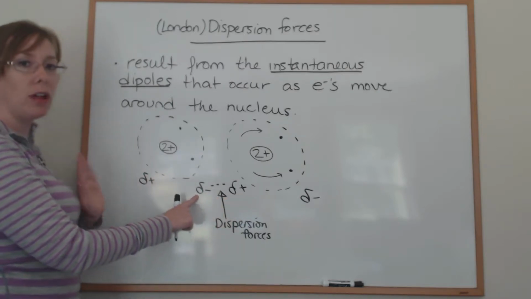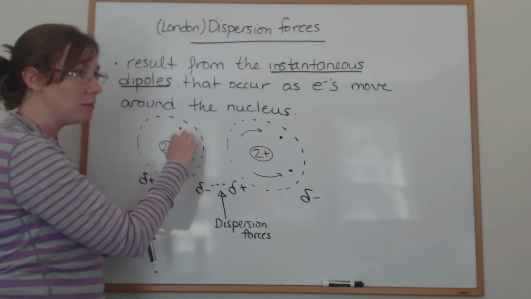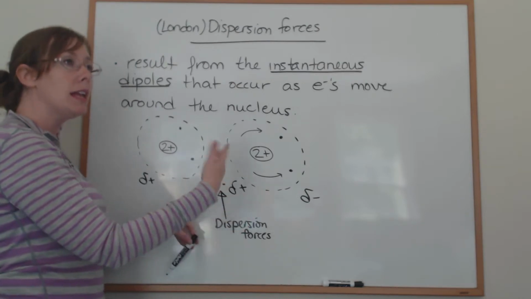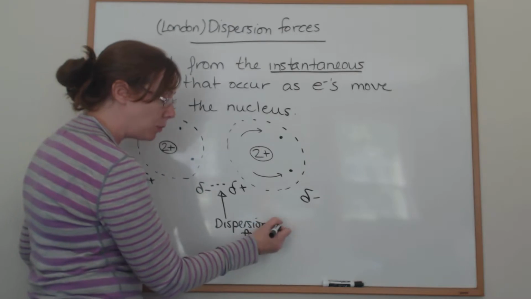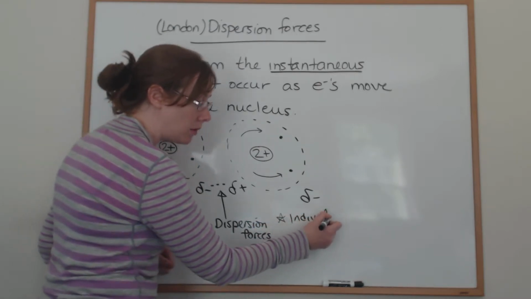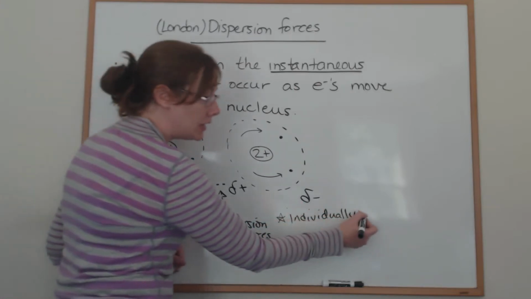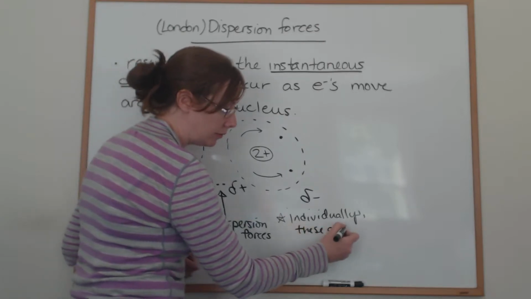You're not talking about a full-on negative charge, because the electrons are just on that side. They haven't been given away or anything like that. So partial negative, partial positive. It's a very weak force. So dispersion forces, let me make this point right here. Individually, if I'm talking about a single attraction, these are very weak forces.